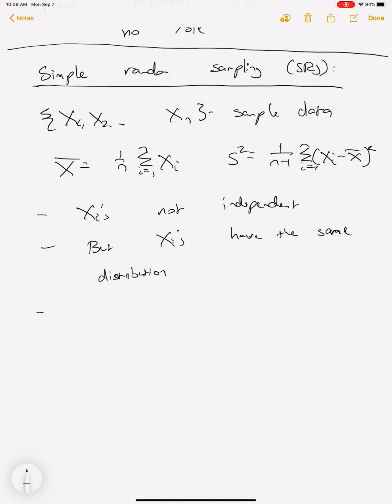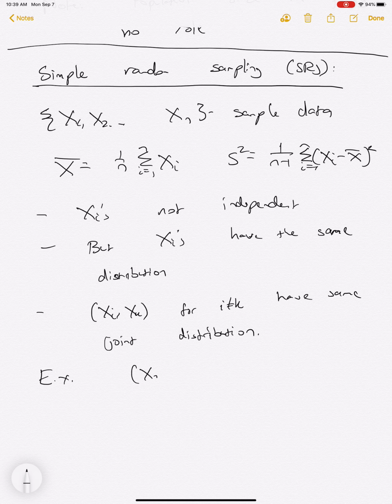And the other thing that's important is that xi, xk, for i not equal to k, have the same joint distribution. We're going to use both of these properties in our calculations, but we can't use independence anymore because our samples are not independent. For example, think about x2, x3, the second draw and the third draw, versus x7, x15.